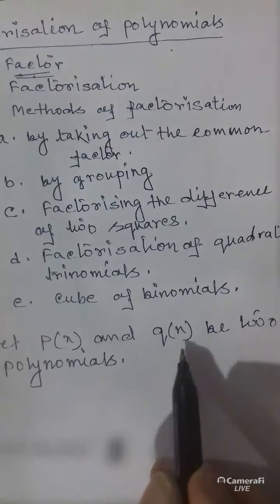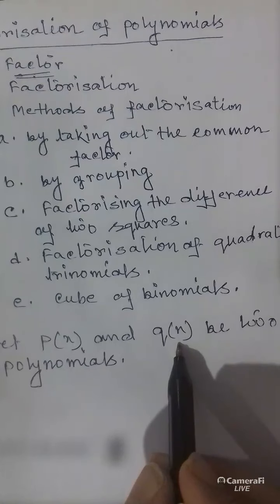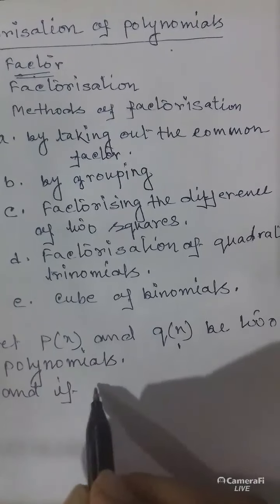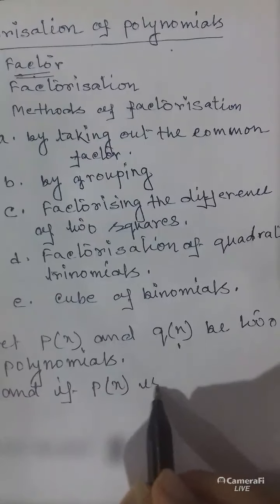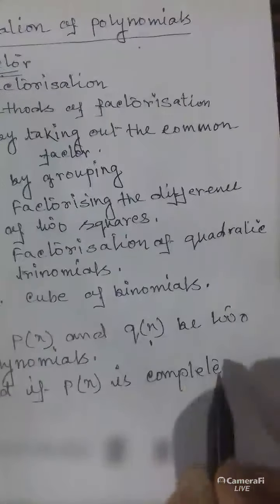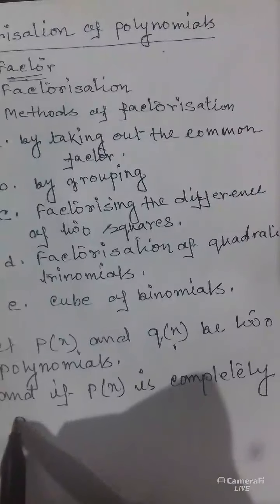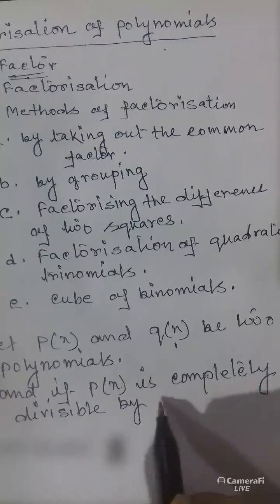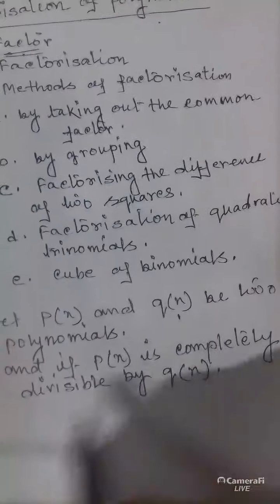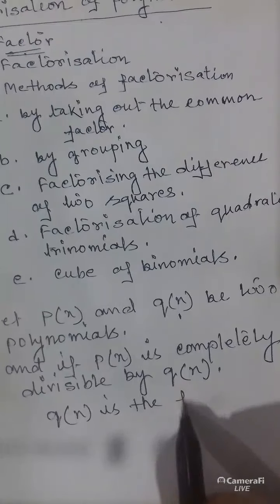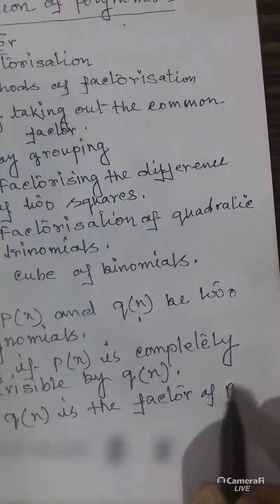Suppose Px and Qx be two polynomials, and if Px is completely divisible by Qx, then we can say Qx is the factor of Px.